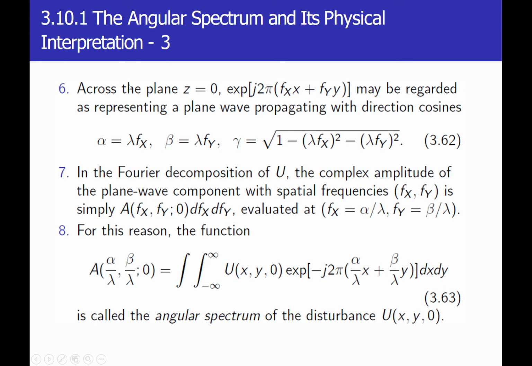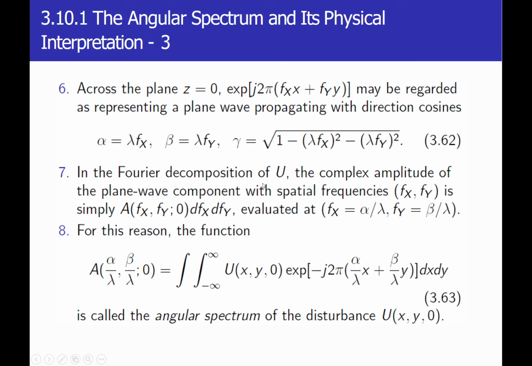So across the plane z equal to 0, exponential i 2 pi (fx x plus fy y) may be regarded as representing a plane wave propagating with the directional cosines, this one and this one. Here gamma should be this one.